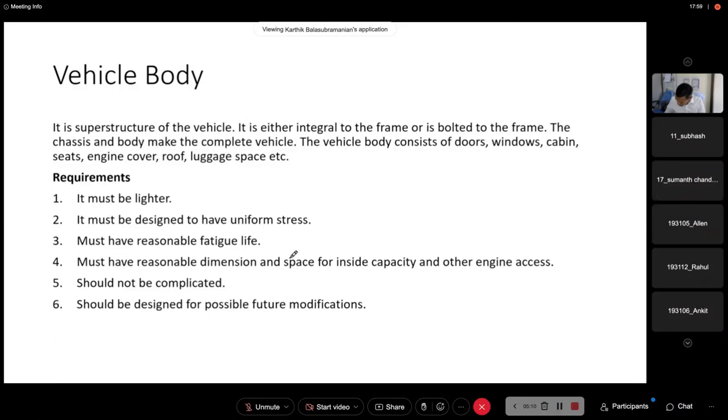So I'd like to draw. Let's say this is the car, the body of the vehicle. This is the front and this is the rear. This is the windscreen, right?